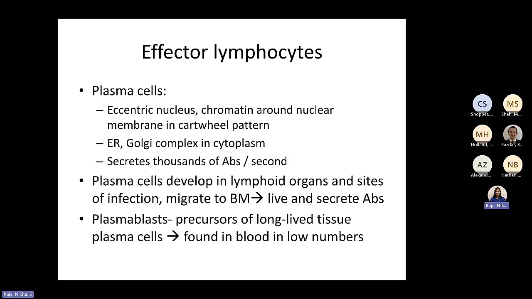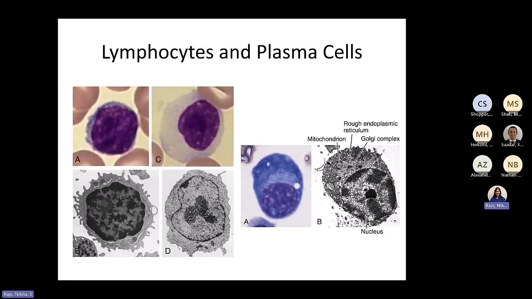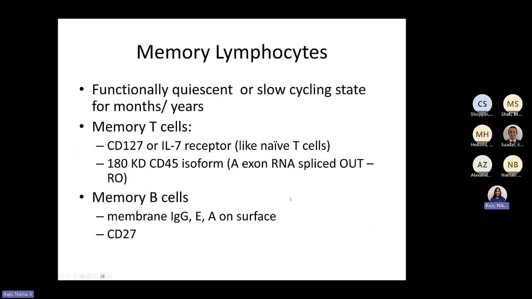These plasma cells develop in the lymphoid organs and sites of infection and migrate to bone marrow, where they live and secrete antibodies. Plasmablasts are precursors of long-lived tissue plasma cells. They are found in blood only in low numbers. These are the figures showing a lymphocyte cell and the eccentric nucleus of the plasma cells.